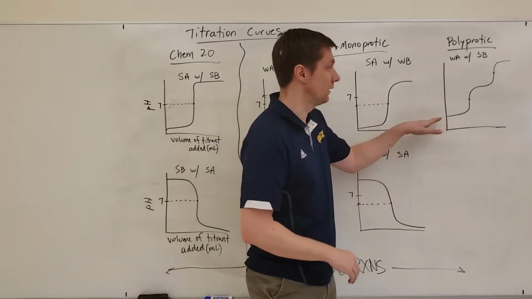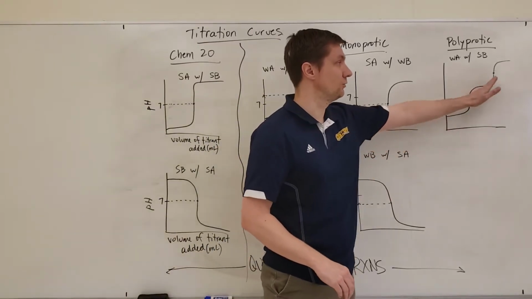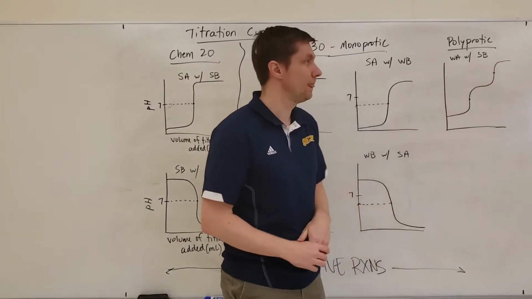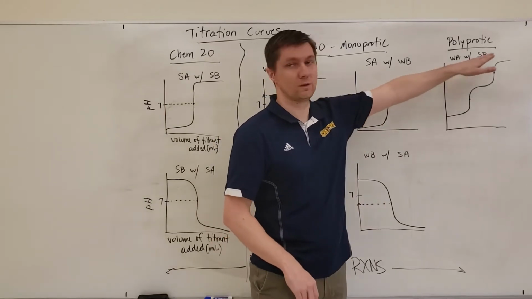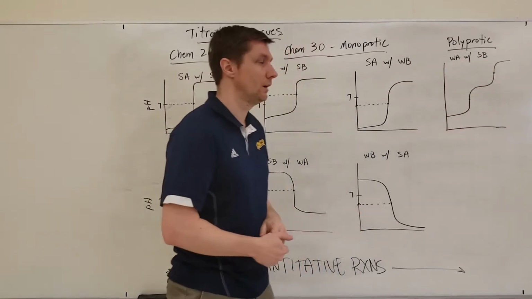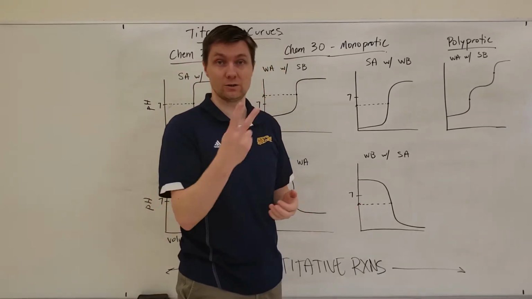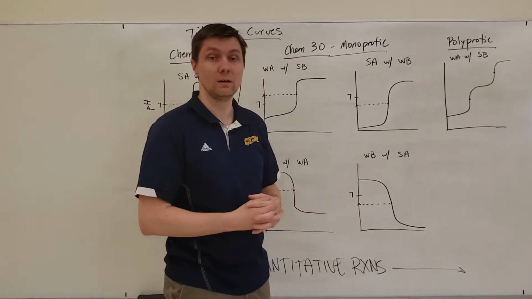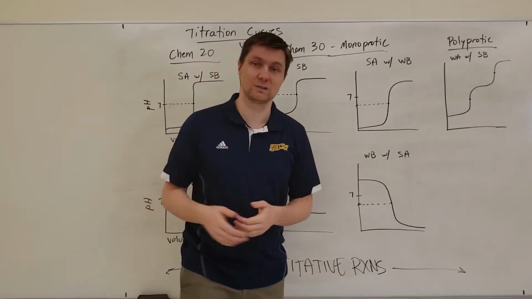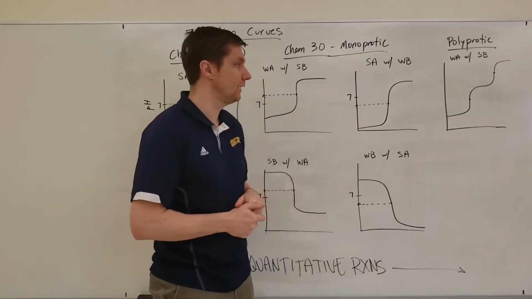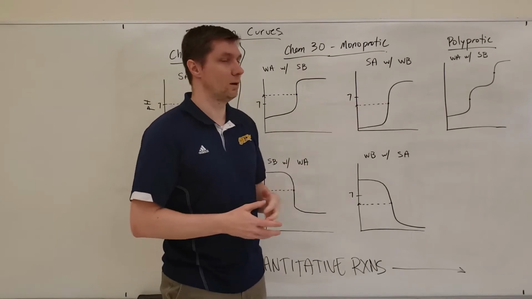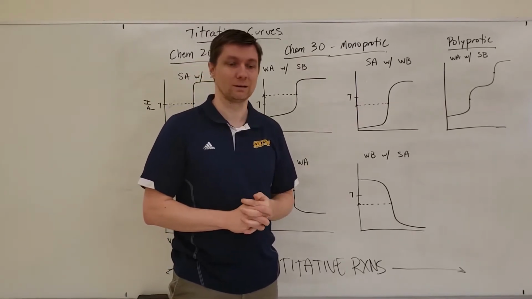So you can see here I've got a diagram that shows 2 equivalence points. I'm titrating this weak acid with a strong base in this case, which maybe is carbonic acid, H2CO3. It's got 2 protons that it can donate to a strong base, let's say hydroxide ions, and I would end up with a titration curve that looks something like that.